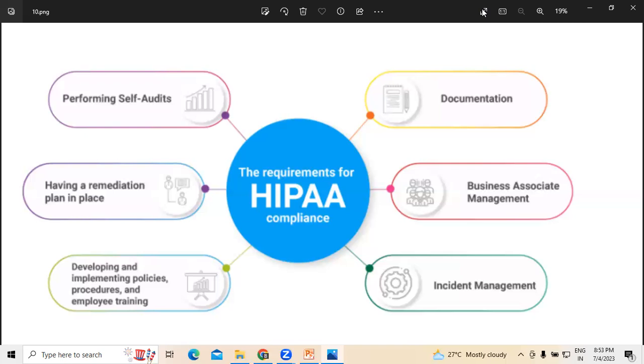So this documentation is not something like BRDs, because those are the documentations we'll be preparing as a part of requirements communication, I mean to say. But HIPAA compliance related documentation means whatever audits were performed by the internal teams, finally they have to prepare a documentation for that.